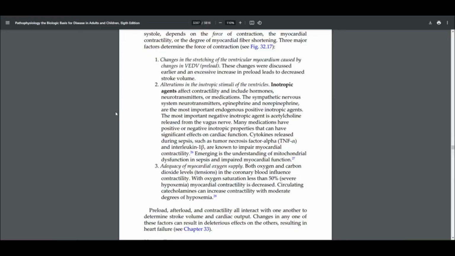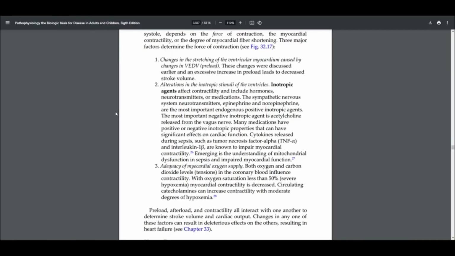The last part is the adequacy of myocardial oxygen supply. Both oxygen and carbon dioxide tensions in the coronary blood influence contractility. With oxygen saturation less than 50%, which is severe hypoxemia, myocardial contractility is decreased.